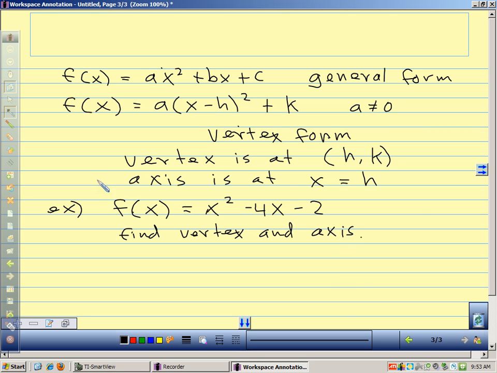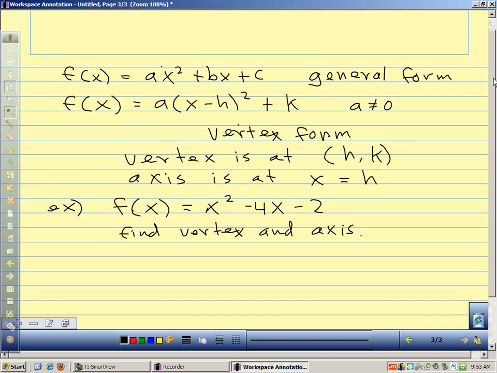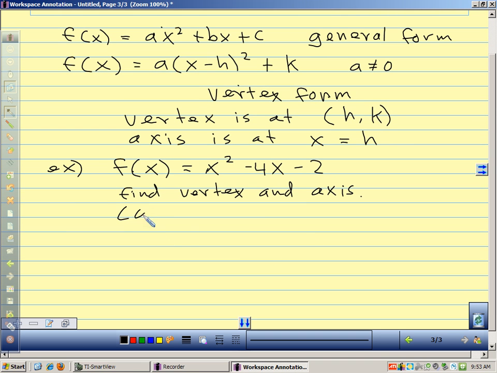So to change our quadratic function from the general form to the vertex form, we complete the square. And I know you worked on this some last year as well, putting your function into vertex form. So what I'm going to do is complete the square on the x squared minus 4x part. So I'm going to say f of x equals x squared minus 4x.